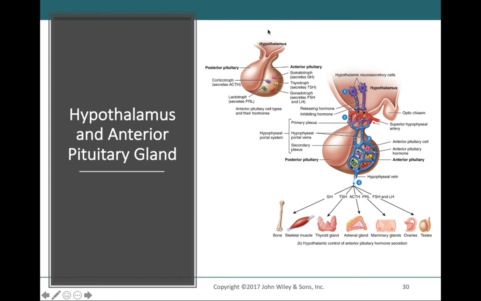So the hypothalamus will release its releasing and inhibiting hormones. They're going to travel down here to the anterior pituitary, and those hormones are going to affect individual groups of cells. So growth hormone releasing hormone is the hormone that tells our somatotrophs to release growth hormone.